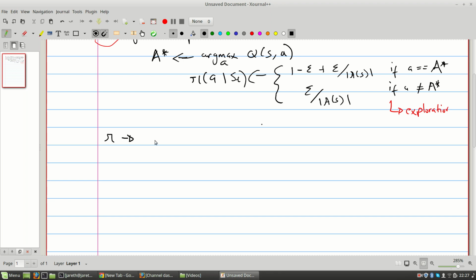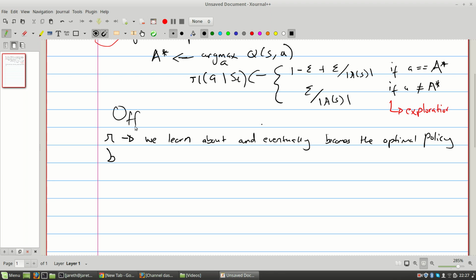This is the one we learn about and that eventually becomes the optimal policy, and this is what pi is. And then another policy. So now we're talking about off-policy methods, just so that you're clear.